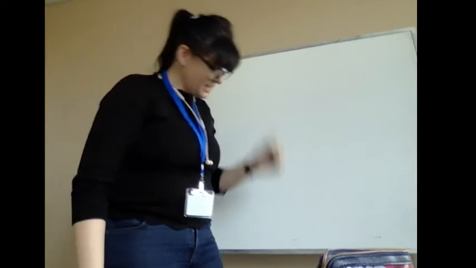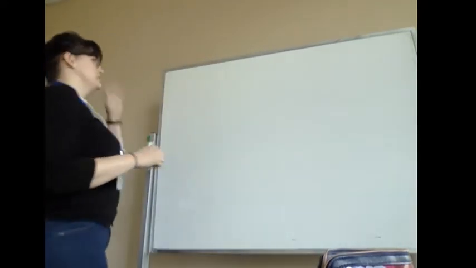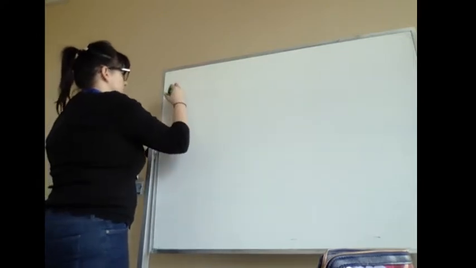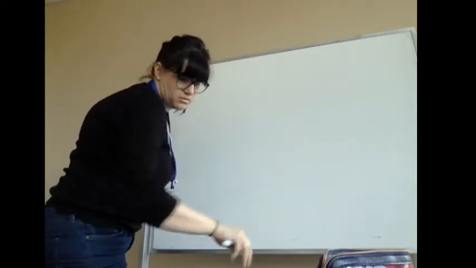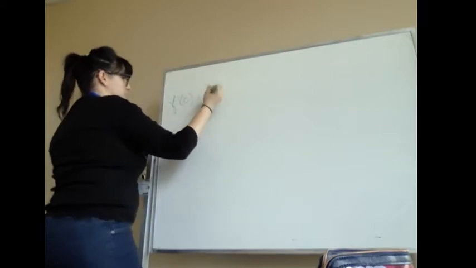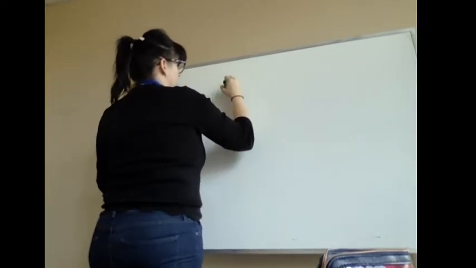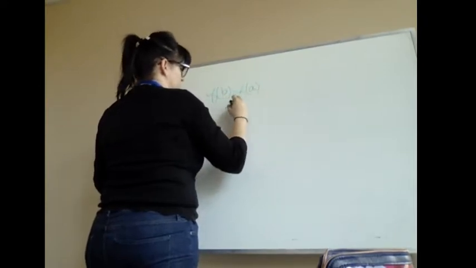So, the mean value theorem states that f prime of c is equal to f of b minus f of a over b minus a.